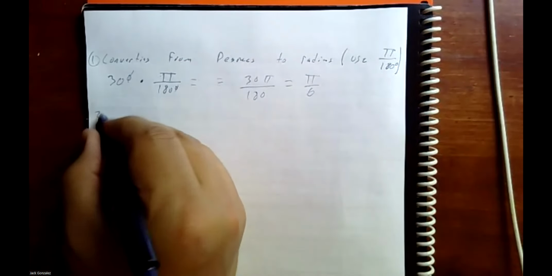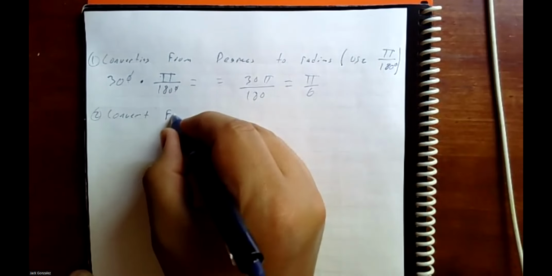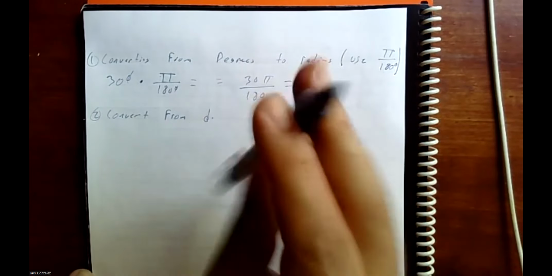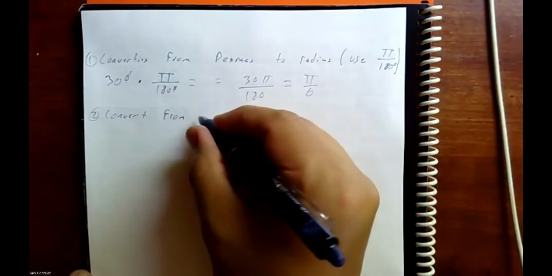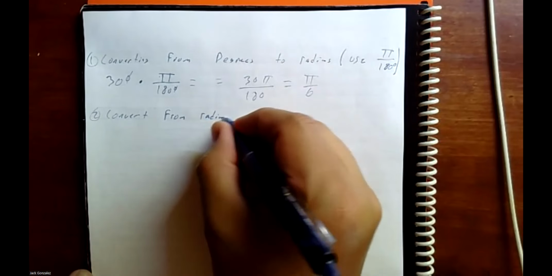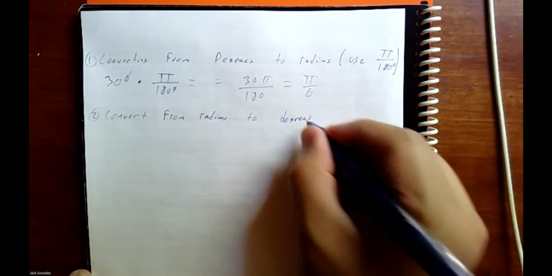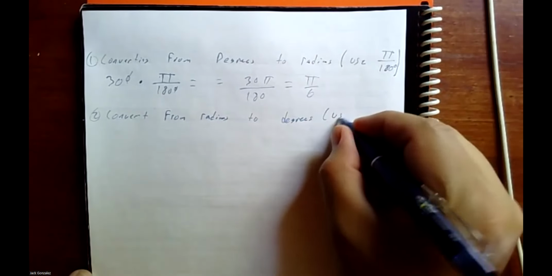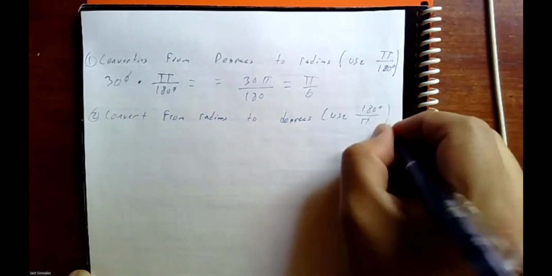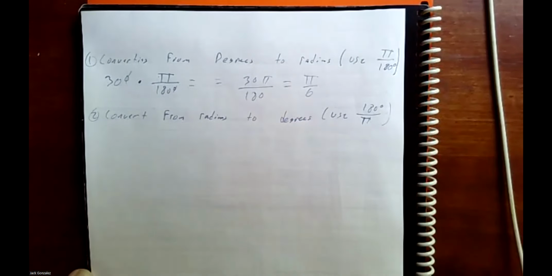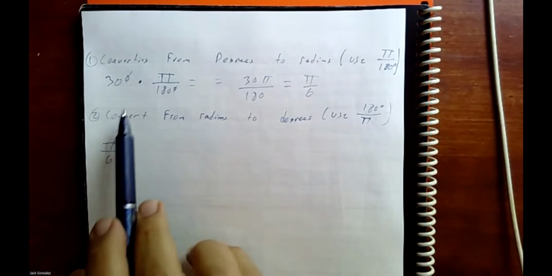Now, if you want to go from radians to degrees, use the reciprocal, 180 over pi. So let's say I'm already at pi over 6, and I want to get to 30 degrees, because that's what we converted this to.